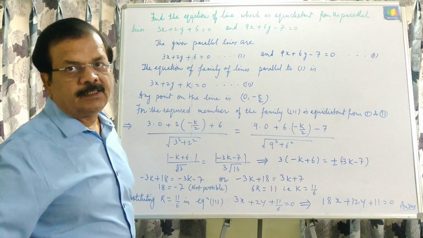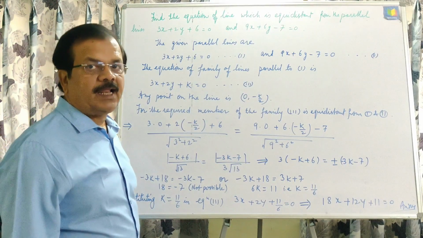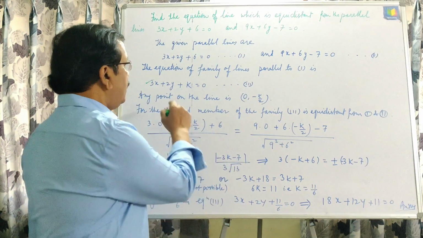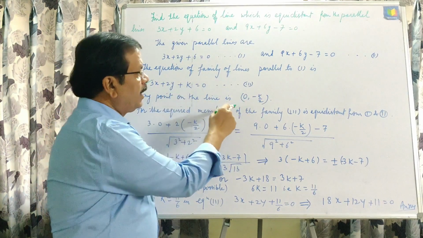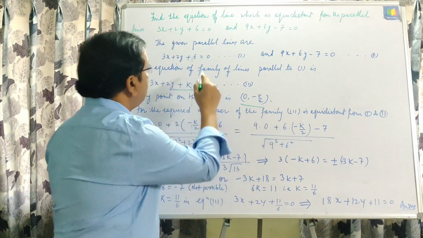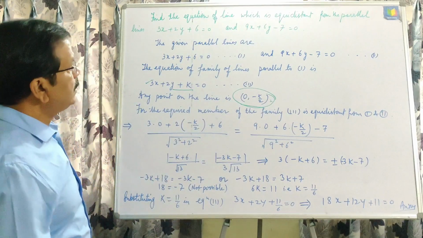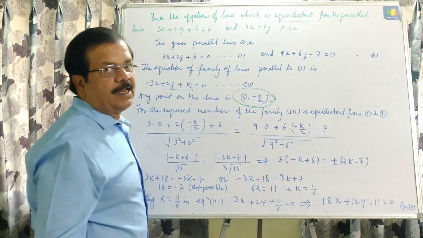We have already done the questions related to family of lines which are parallel and perpendicular, and then taking any point on this, x is equal to 0, y is equal to minus k by 2, which is equidistant from the parallel lines.